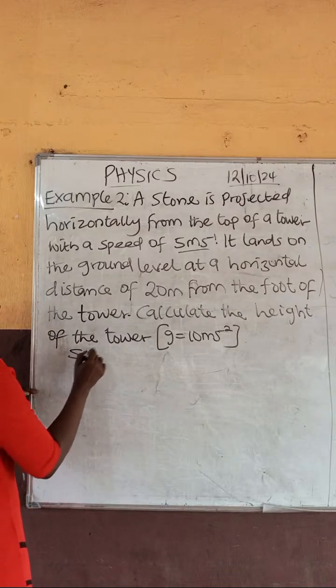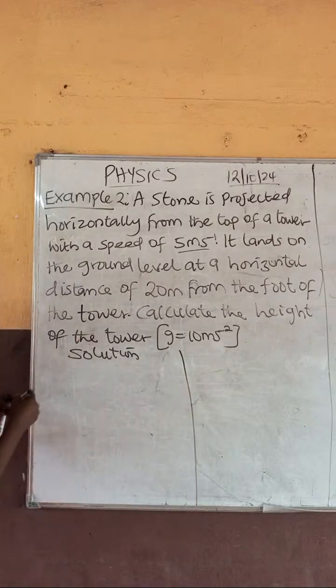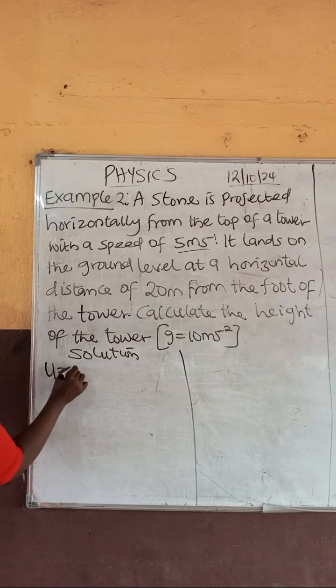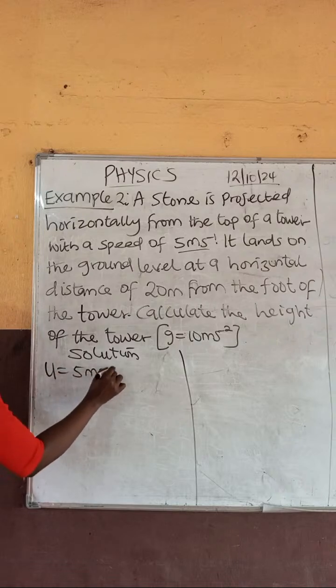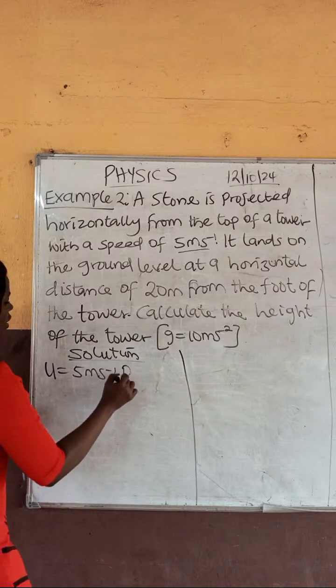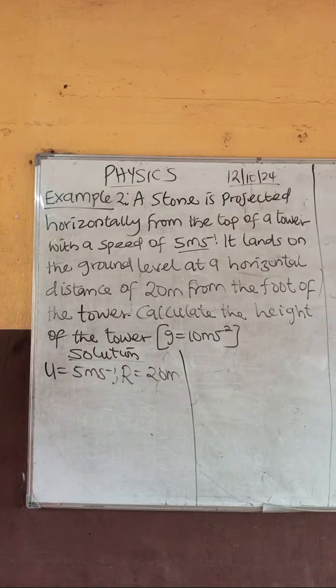Solution. Okay, we are given speed, that is u, which is 5 meters per second. Now we are given the horizontal distance, which is the range. The range is giving us 20 meters. What are we looking for?